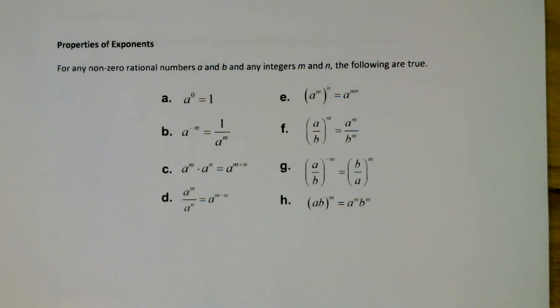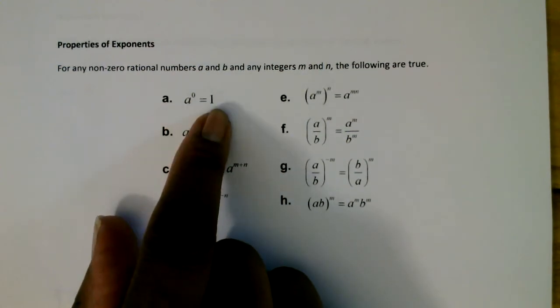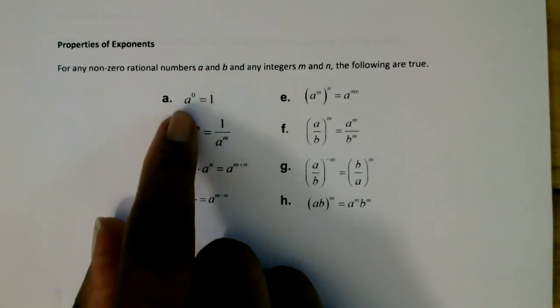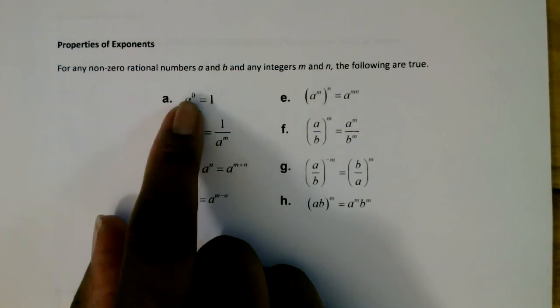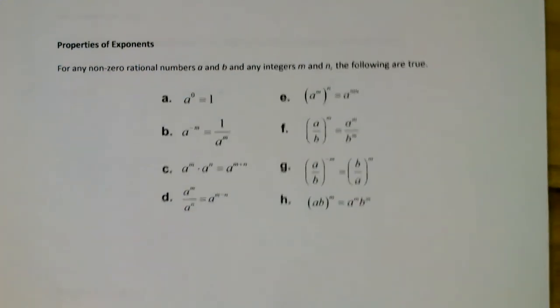For any non-zero rational numbers a and b, and any integers m and n, the following are true. A to the 0 is always going to be equal to 1. That means any non-zero number a to the 0 power is always going to be 1.